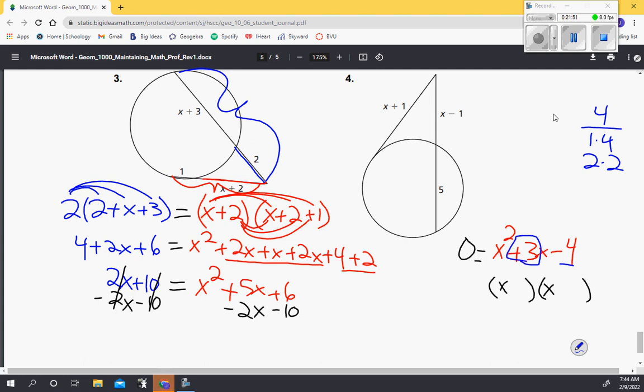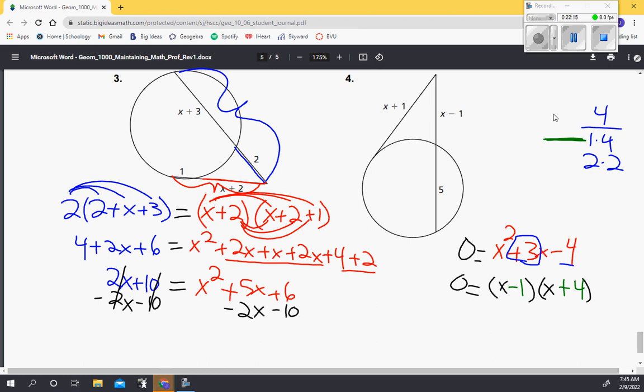More specifically, a positive 3. But how can we add and subtract these factors to get 3? And it's going to be a 4 and a 1. Okay, so 1 and 4. We need a positive 3, so we need a positive 4 minus 1. That's equal to 0.